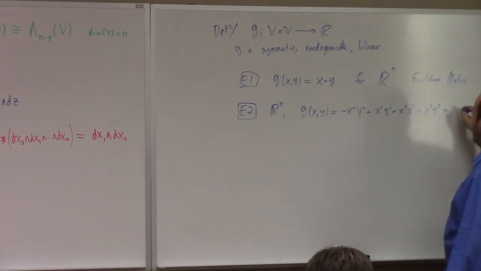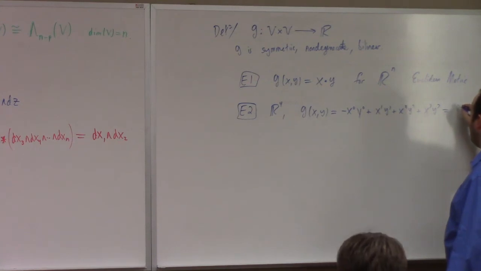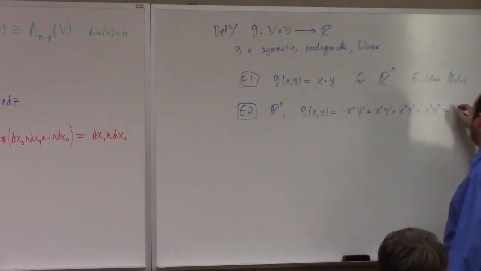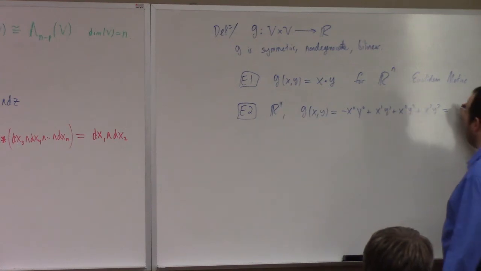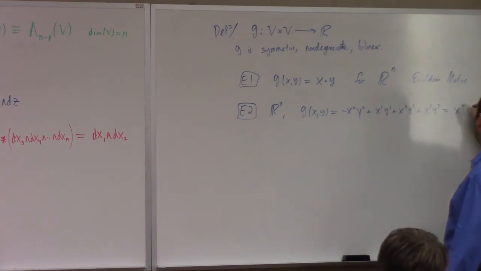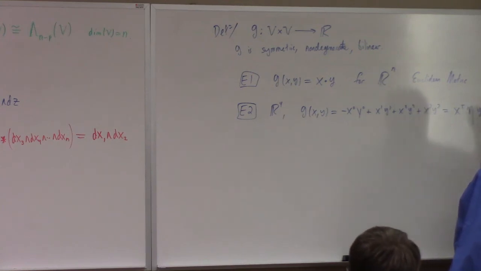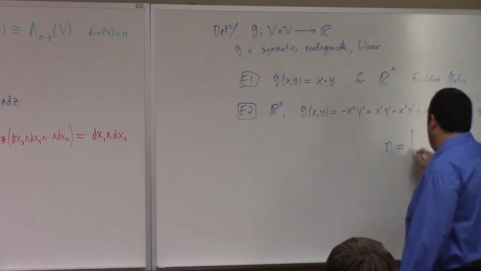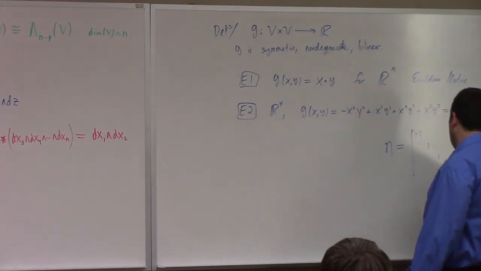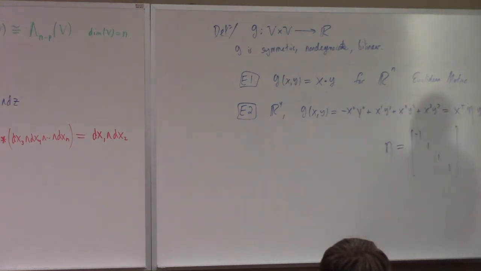The best way I know to write it is x transpose eta y in terms of a matrix, and this eta is minus 1, 1, 1, 1. What is non-degenerate?